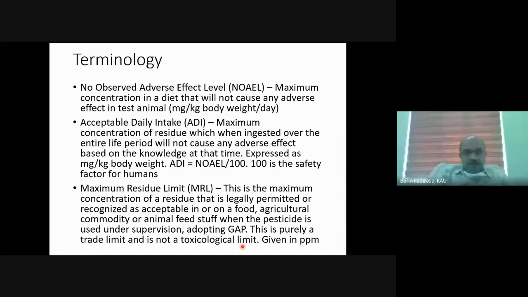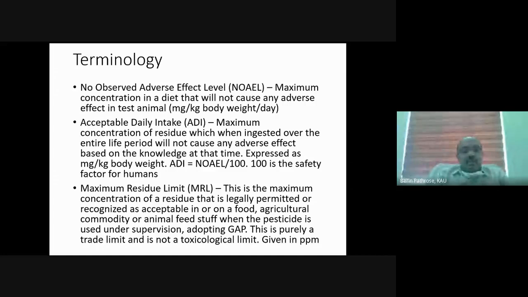Okay. So I will ask you another question. Say Abhishek has got one value, 1 milligram per kg body weight per day. If the rabbit is consuming this daily, it doesn't cause any harm. Above that, it can cause some damage to the animal. So 1 milligram is safe for the rabbit.